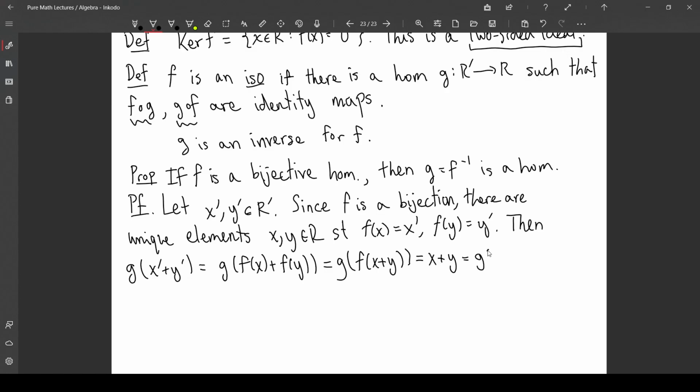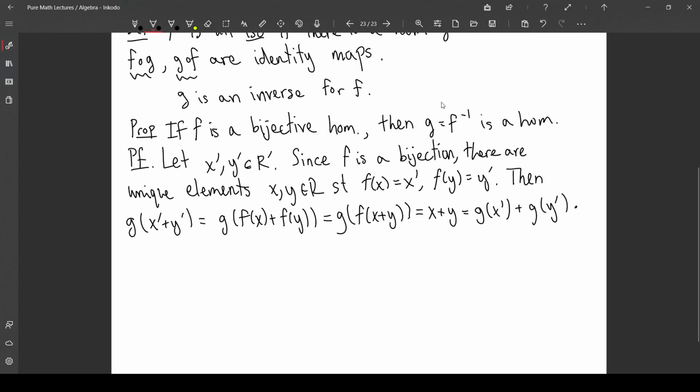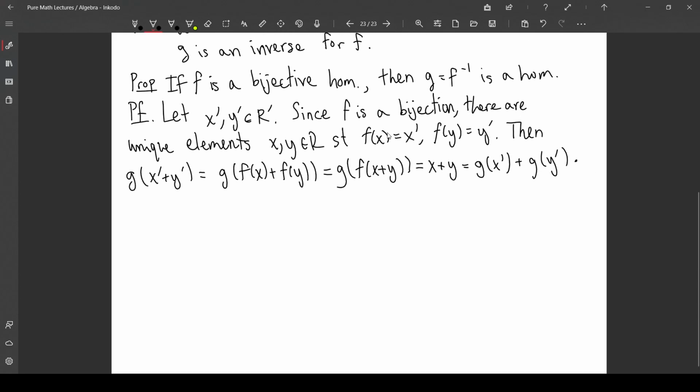So this is G of X prime plus G of Y prime. And you can essentially prove the other conditions are similar.